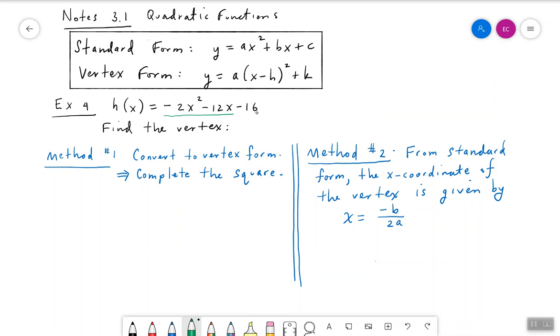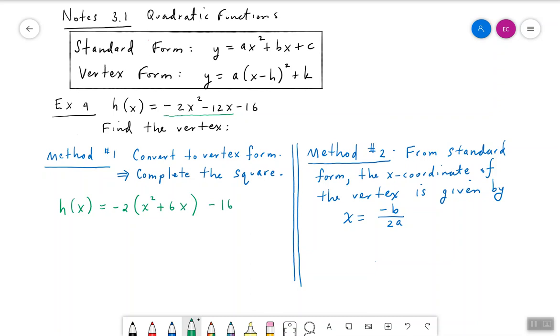The negative 16 at the end, we don't really care about, so we'll leave it alone. So let's go ahead and rewrite h of x as negative 2 parentheses x squared plus 6x close parentheses minus 16.